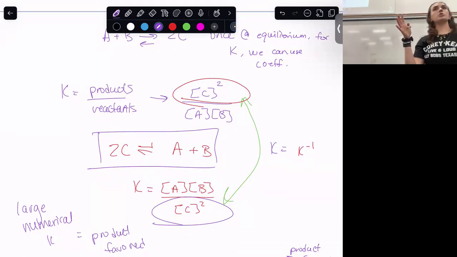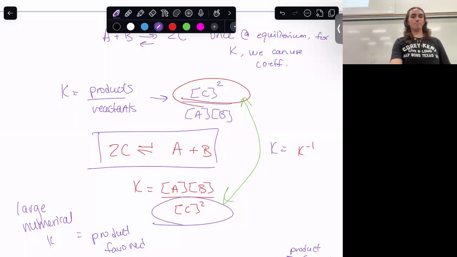In both situations, C is the favorable portion of the reaction. It shows the same thing, just depending on how you're looking at it. I think it'll make sense with some practice problems, and we'll talk about that more on Friday.